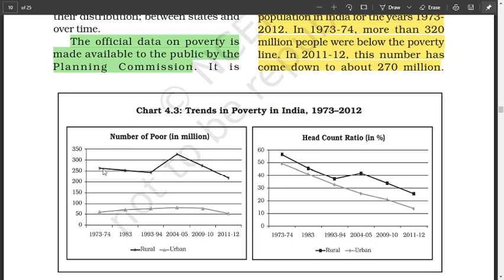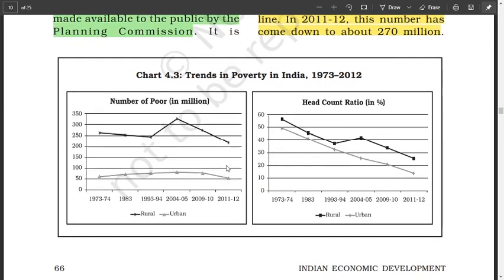This is for the rural, this is for the urban, so together 320. And the good news is that this number has come down to 270 million. But 270 million is, imagine, much more than the population of many individual countries. So that's the big challenge for India. We still have many people below this line, 270 million in 2011-12.